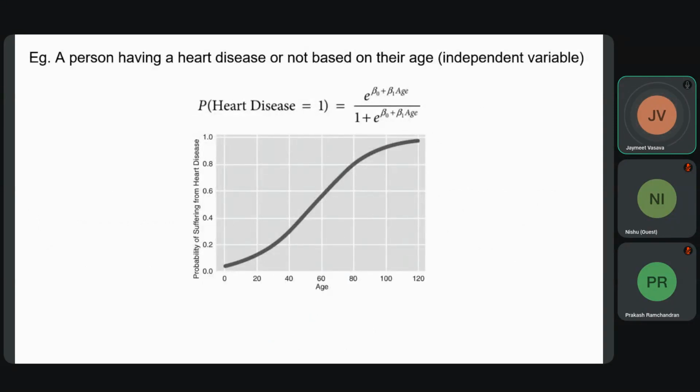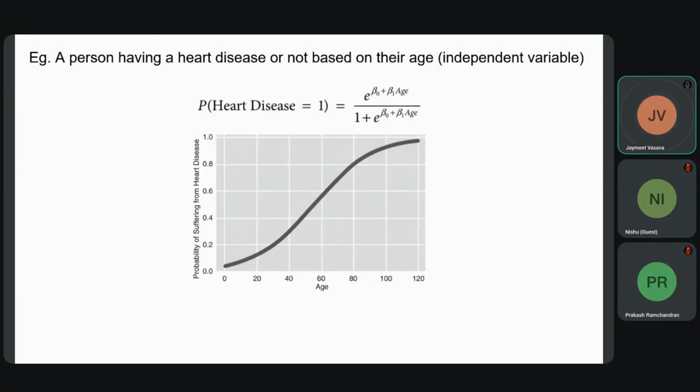So for example, whether a person has heart disease or not based on their age can be represented mathematically as the probability of heart disease equals 1 equals e raised to beta 0 plus beta 1 age divided by 1 plus e raised to beta 0 plus beta 1 age.